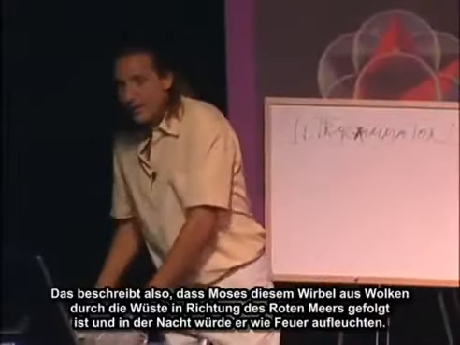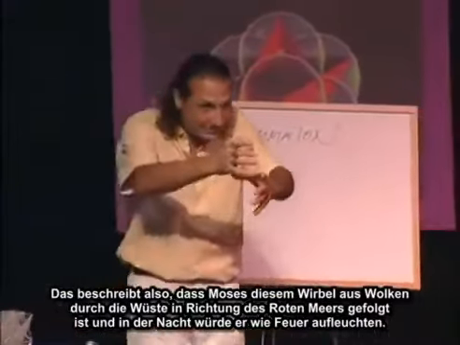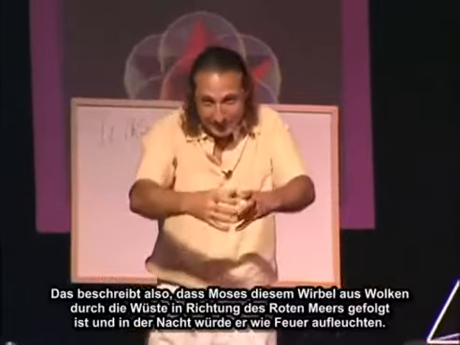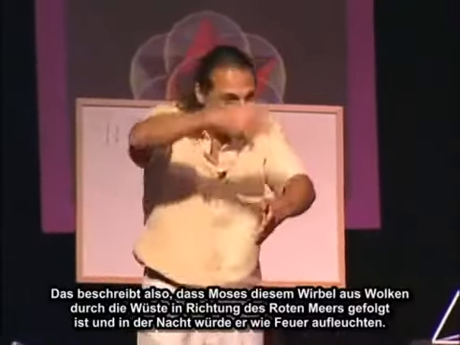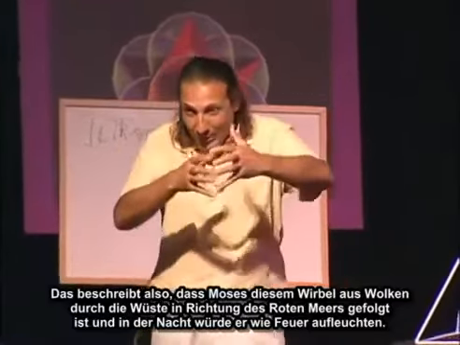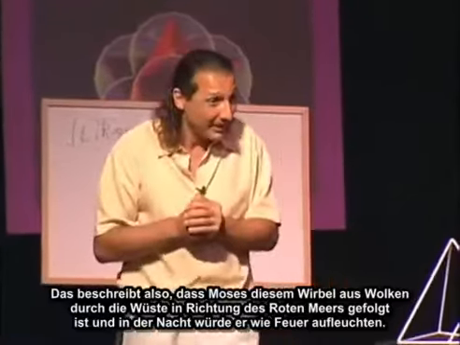So it's describing Moses following this vortex of cloud, and at night it would light up, this vortex of fire, through the desert going towards the Red Sea.